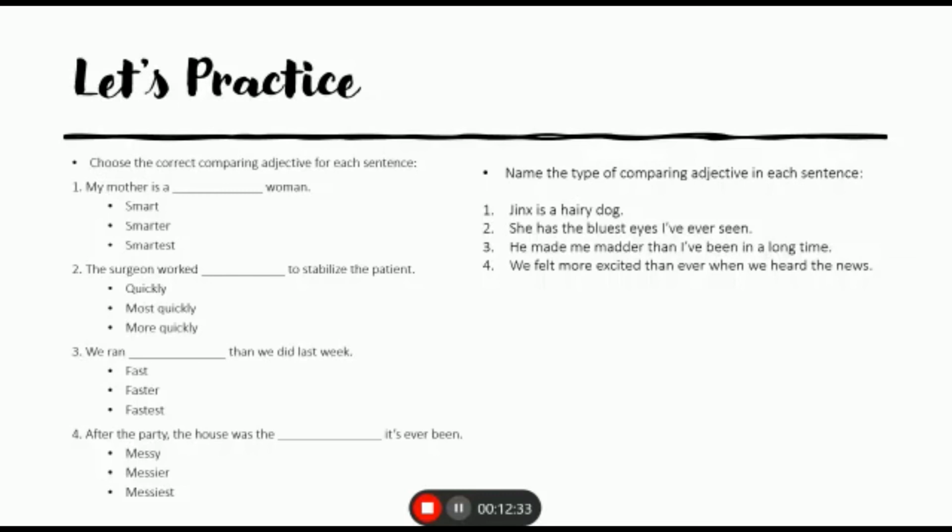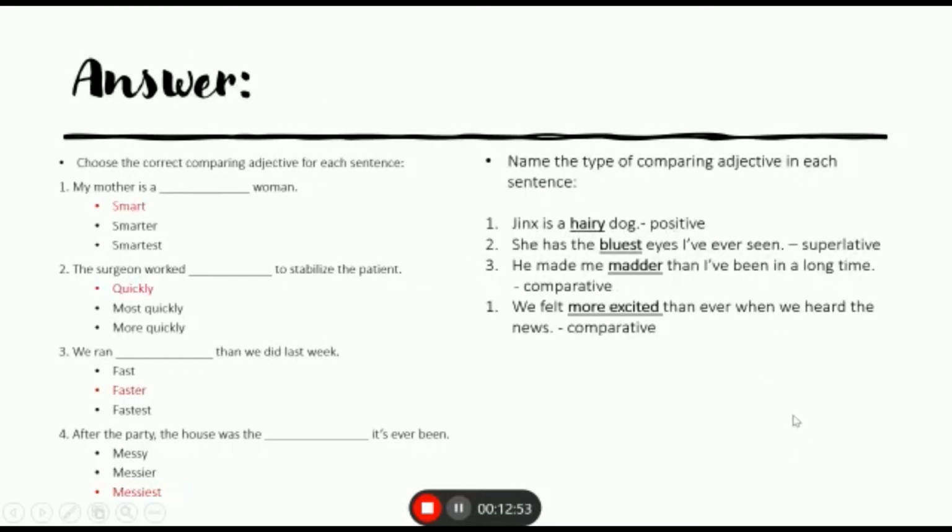After the party the house was dash it's ever been. So this party is compared to all the parties that have been done. So it is the est form, the superlative form. The last one says that you have to underline the comparing adjective and tell which particular degree it is. So now let's go and see the answers.